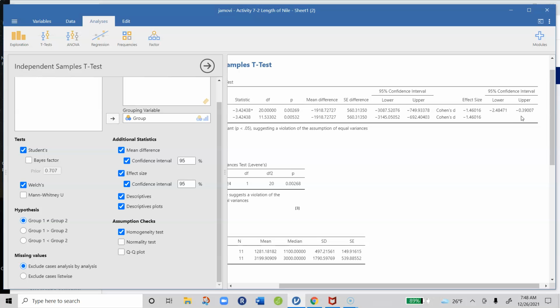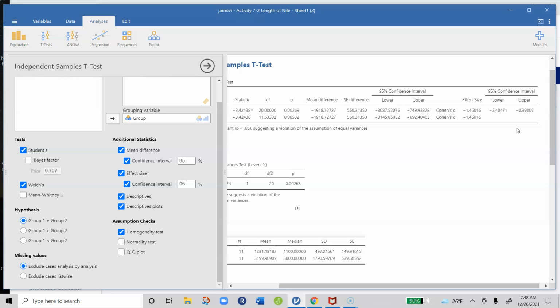That's a really large range of values for our confidence interval. And that's because one, the standard error is really high, but also our sample sizes were really small. We only had 11 people per group. So it does look like there's a difference between these two groups. We have a low p-value.